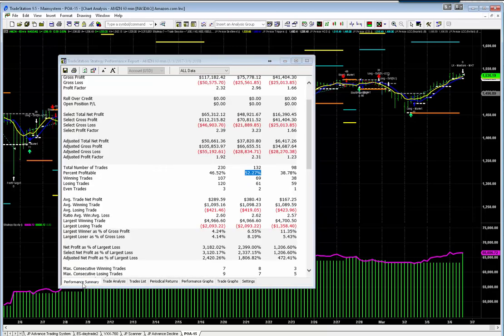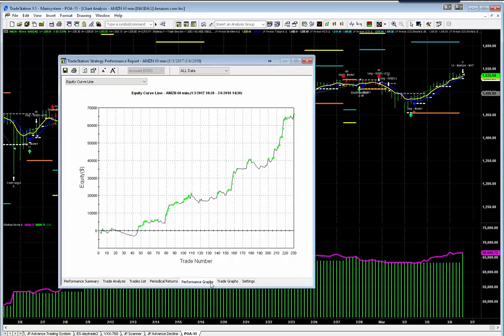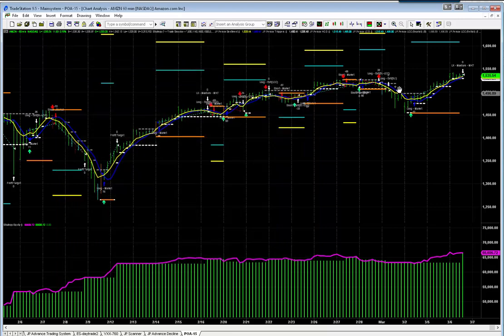Performance summary looks pretty decent, and as you can see, it's almost a 3 profit factor, which is pretty decent, and it has approximately over 52% wins, and it's a pretty good swing trading model. As you can see, the equity curve is doing pretty nicely.